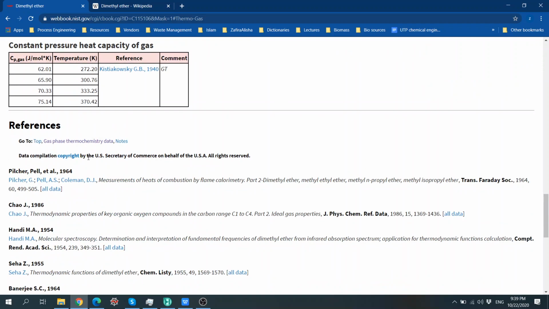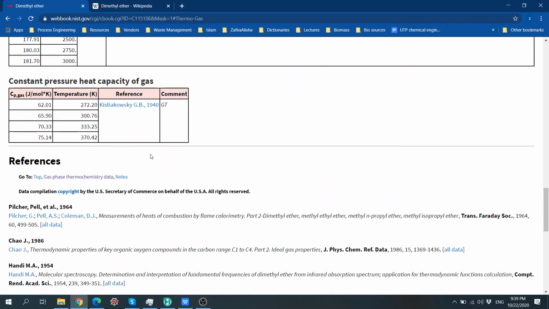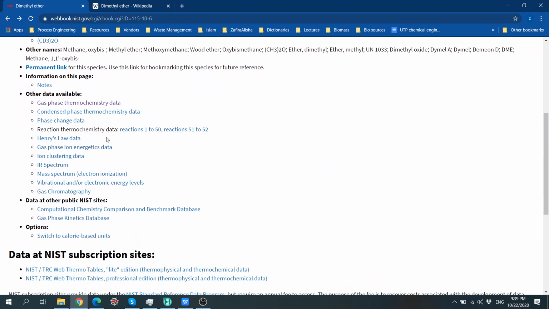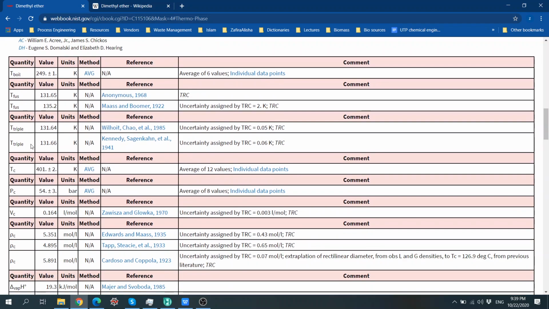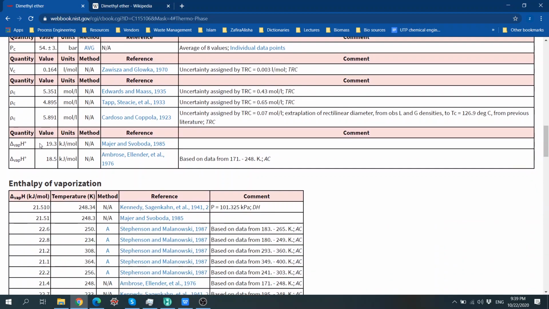These are all the data they take. You can also see phase change data, so they have the boiling temperature, triple point, critical point, and so on and so forth, also the evaporation energy.